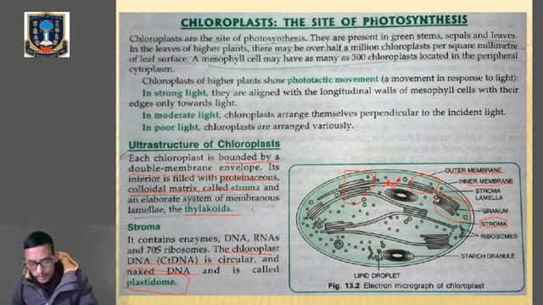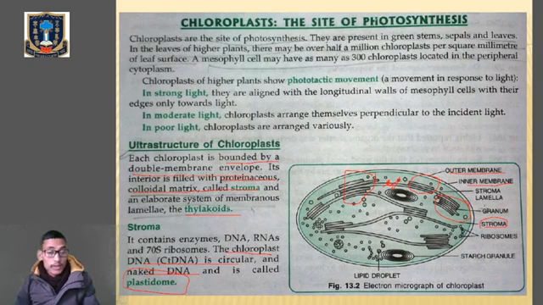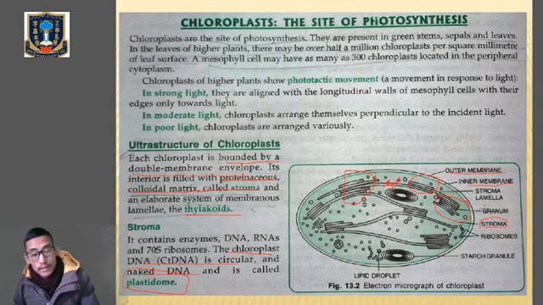The thylakoids contain pigments like chlorophyll A, chlorophyll B, carotenoids, cytochrome B and F, and enzymes like ATP synthetase, which help in the light or photochemical reaction of photosynthesis. The thylakoids are the sites for the light reaction.